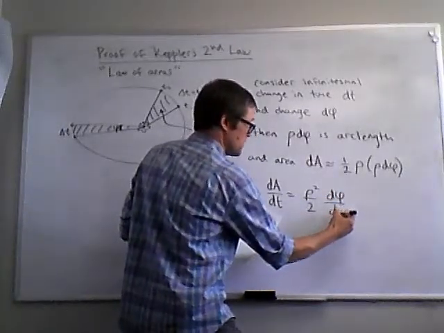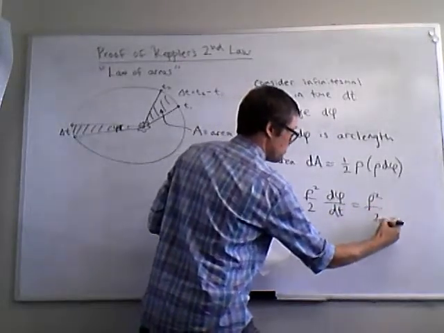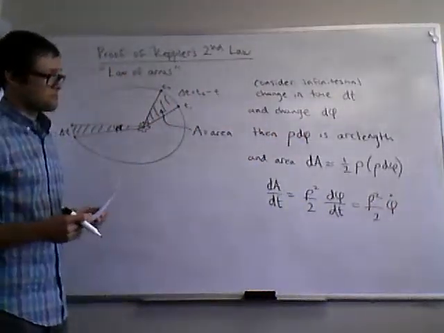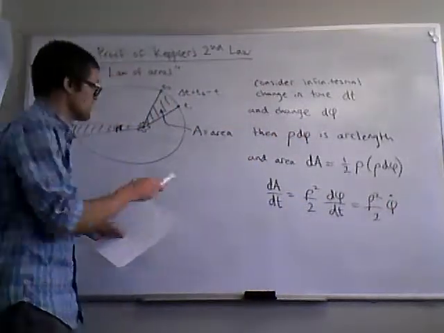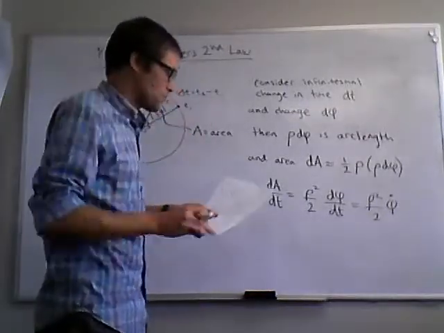So basically, we have rho squared over 2 phi dot. That's how the area swept out by a line increases with time during one of these elliptical orbits.